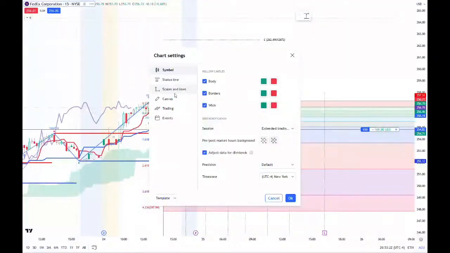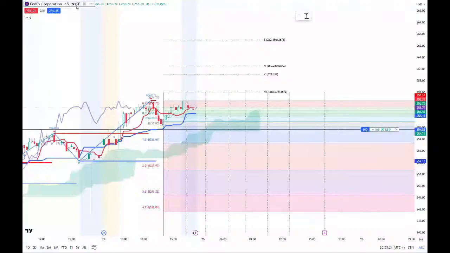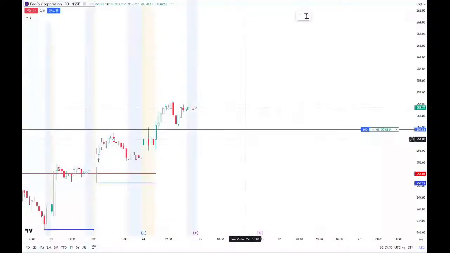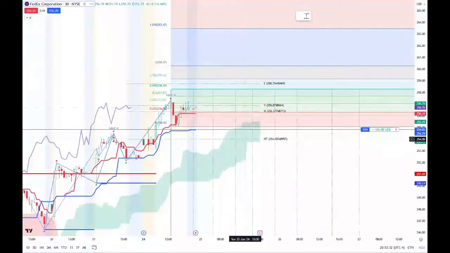Let's see if at the 30 minutes we have the same over here. Okay, 30 minutes. In the 30 minutes, the Fibonacci extension changes. We again need here at the bottom the 254. This would be the buy position, the 254.